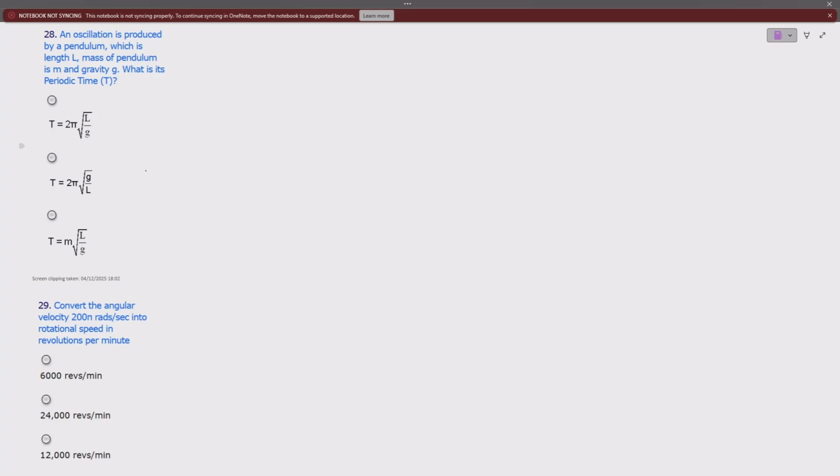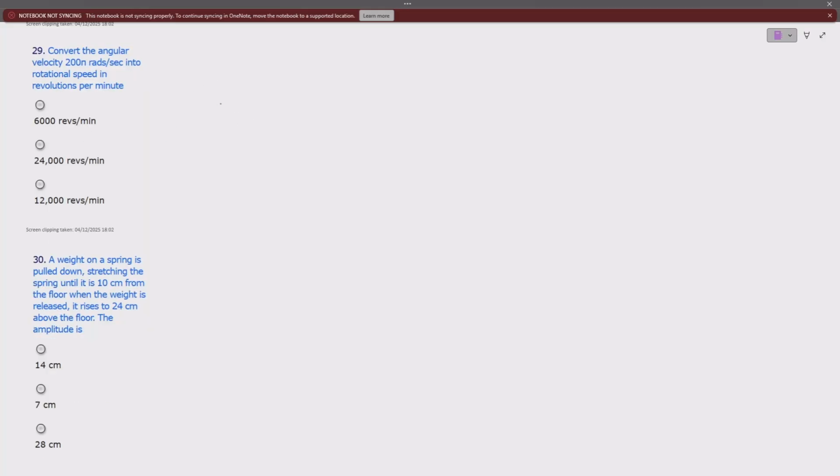What is the periodic time T? Periodic time T equals 2 pi root of L over g. As I said earlier, you have to try as much as possible to get some of the formulas in memory, so you could just spot it right away when the question is given.